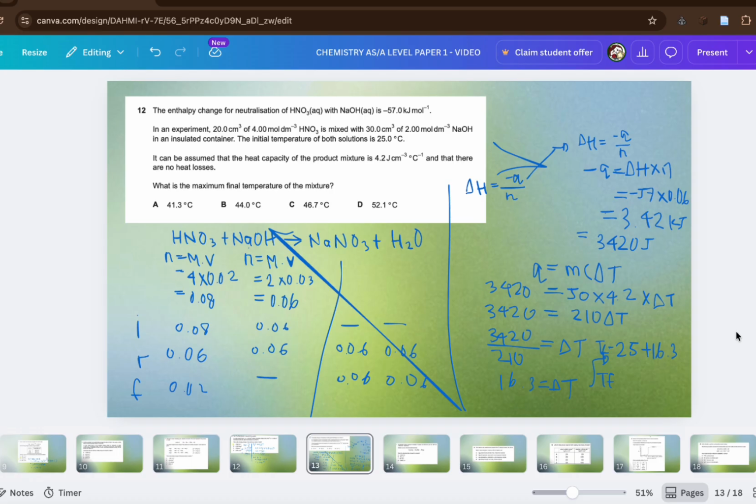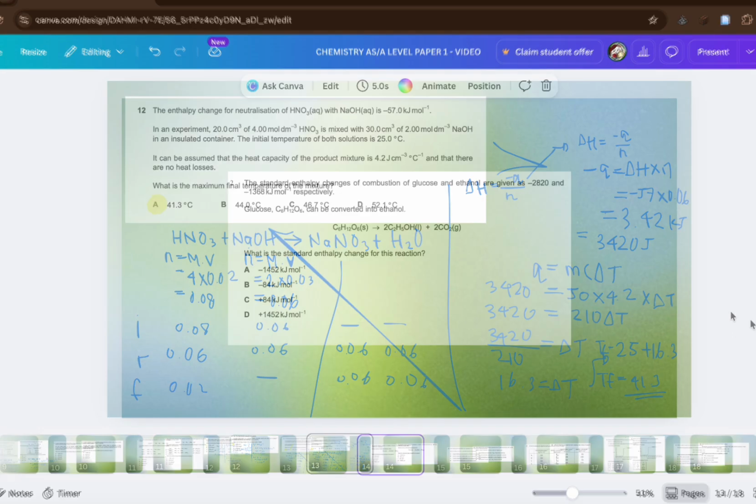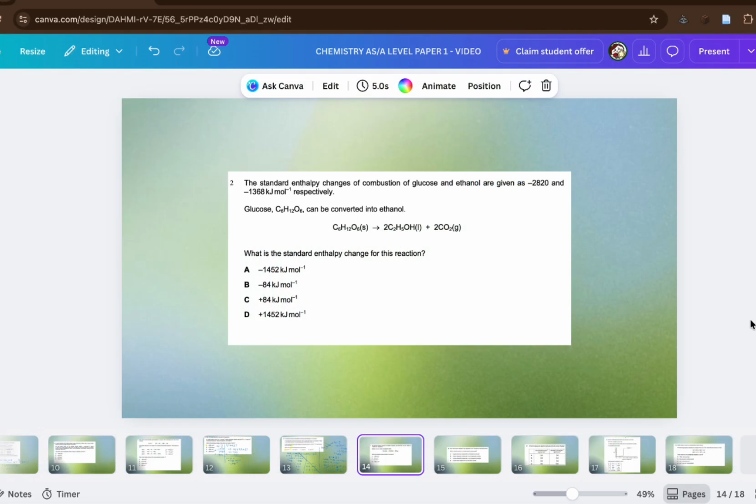Temperature final will be about 41.3, which gives us the option of C over there.